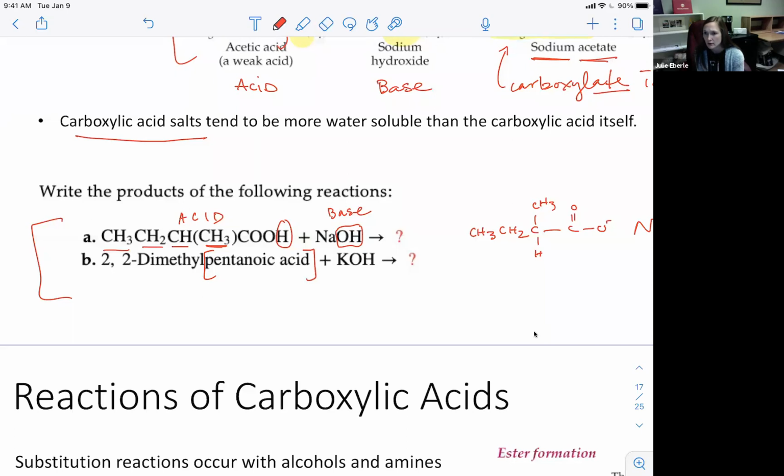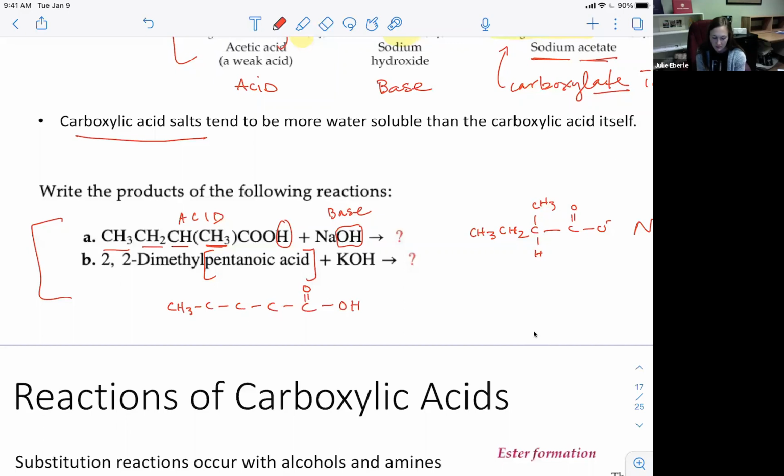You draw that out? Pentanoic acid. So you should have 5 carbons. 1, 2, 3, 4, 5. So this one is my carbonyl carbon. And I have OH.